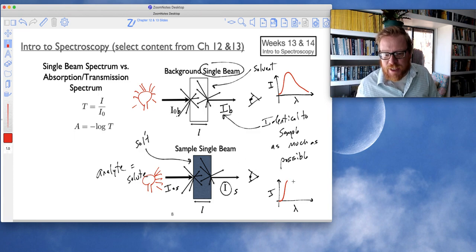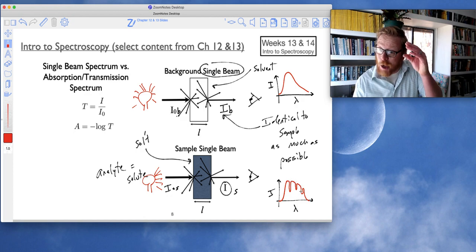So our sample single beam would actually look something like this with these features removed, okay? And so we still have this Boltzmann distribution, right? But there will be some specific frequencies that have been absorbed out of this intensity, all right?